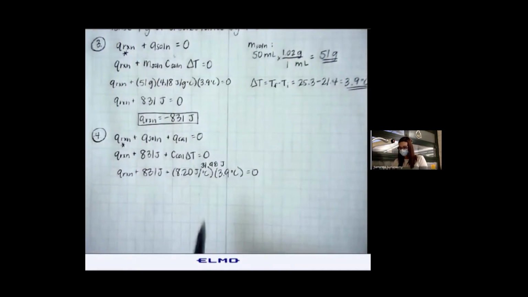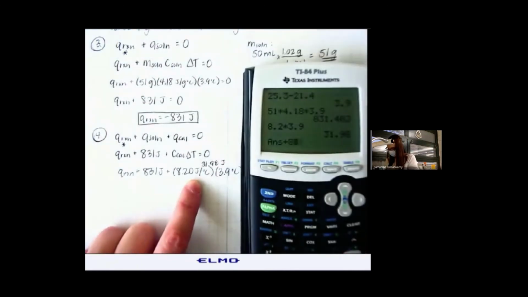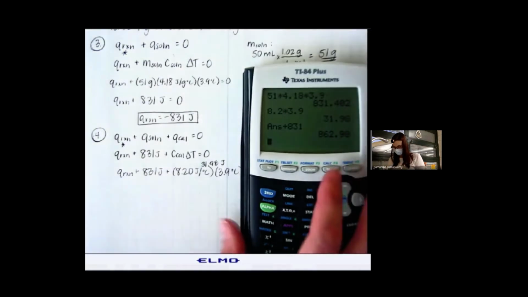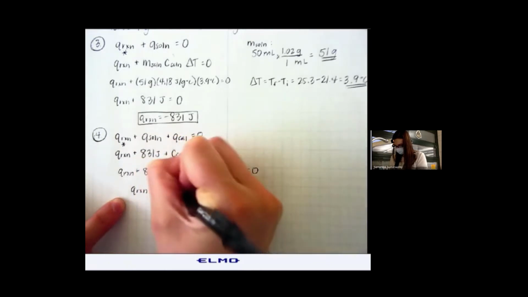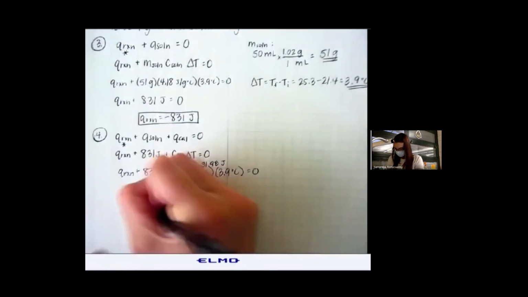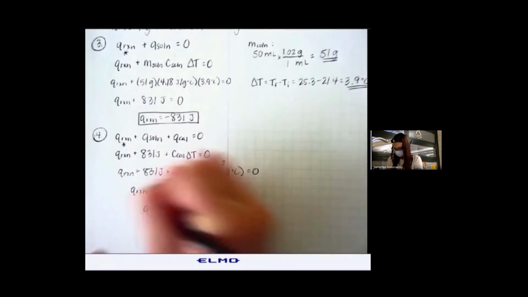All right, when I multiply these two together, that's 31.98 plus 831. So if I keep it to 3 sig figs, 862.98 is going to round to 863. So Q reaction plus 863 joules equals 0. So now Q reaction is negative 863 joules.